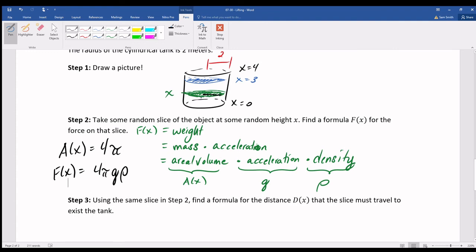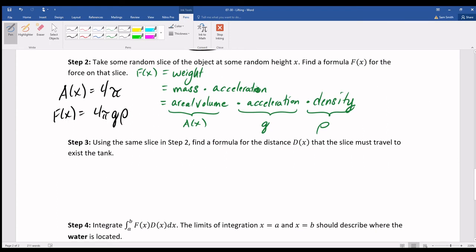In order to escape this tank, I need to lift this slice at position x up to a height of position 4, which is where the top of the tank is located. So in order to do that, I would need to travel 4 minus x units, to get from where the slice is currently located up to a position of x equals 4. I still have 4 minus x units left to go. So the distance traveled based on that image is the height of 4, take away the height of the slice.